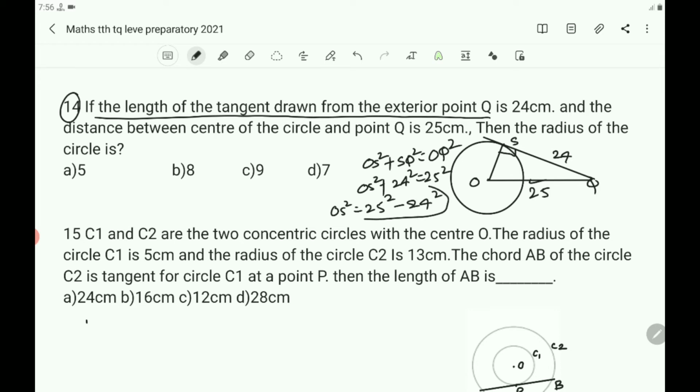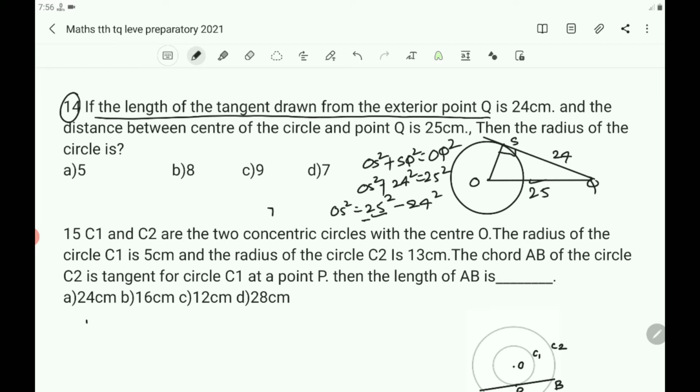Here you can use the identity (25 plus 24) into (25 minus 24), or you can get the value of 25 square and 24 square. If you know the value of 25 square, that becomes 625 minus 576. Here you will get 49. So root 49 is equal to 7.